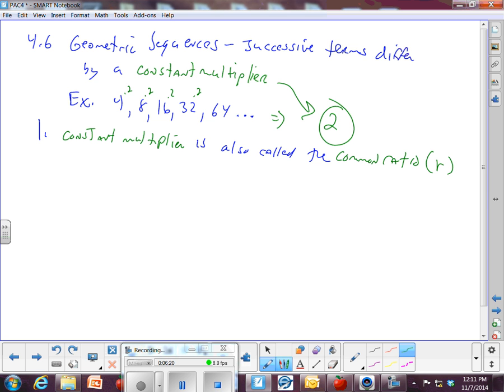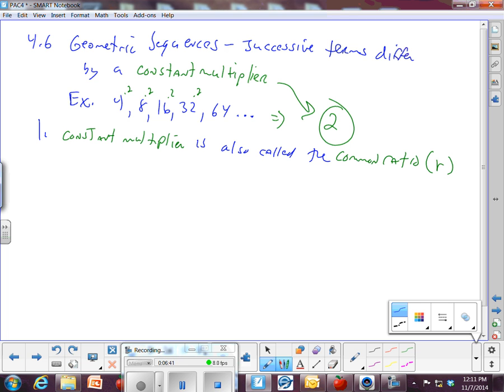So with arithmetic sequences, you have a common difference. The gap is always the same. For a geometric sequence, the multiplier is the same, but notice the gap goes up and multiplies each time as well. How could you find R?